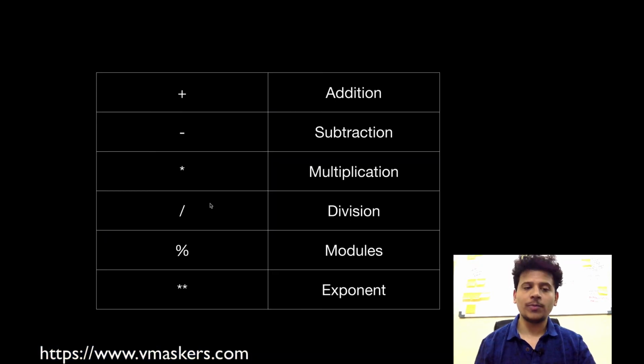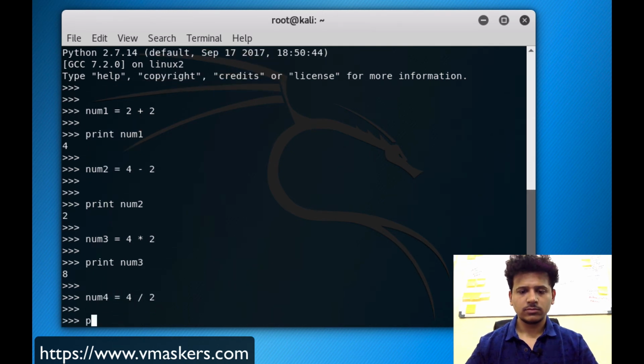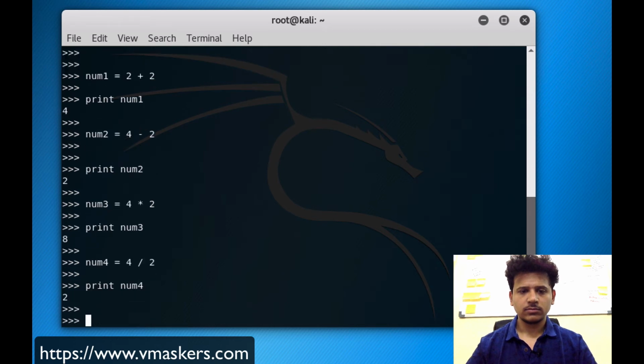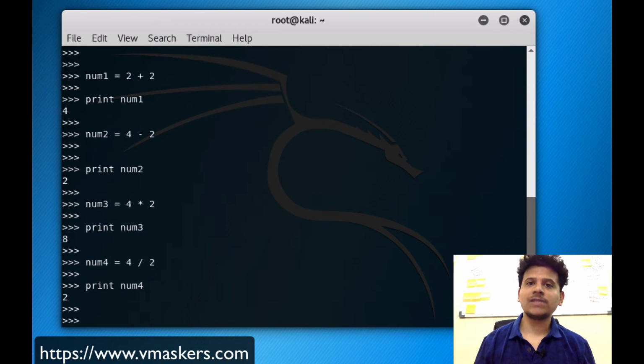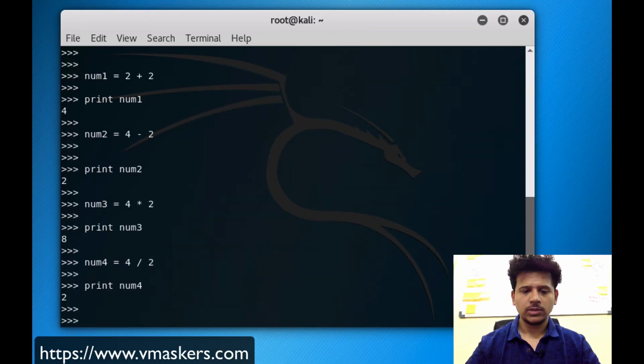Let's look at the division operator. It divides the left side operand by the right side operand. Let's look at the modulus operator.